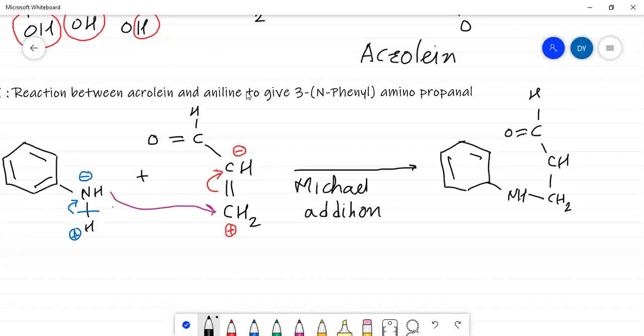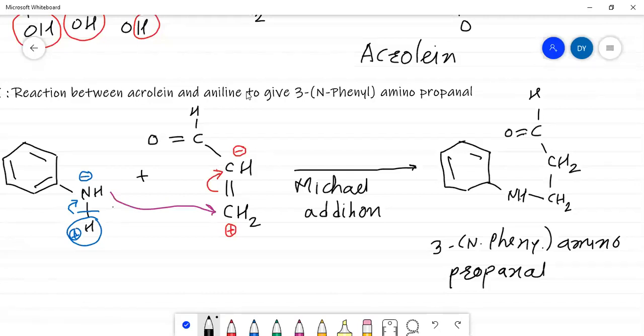Which hydrogen? This hydrogen, which is in aniline. It is attached at this carbon atom, so you get CH2. So this compound is called 3N-phenyl amino propanol.